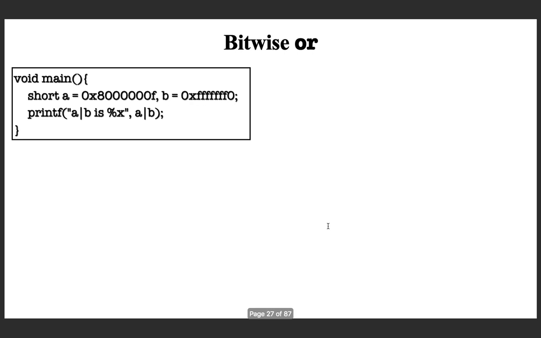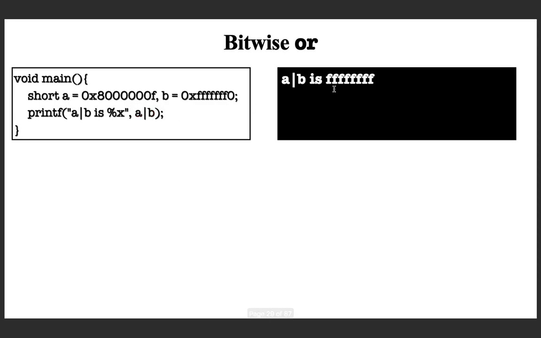See here again, consider an example. I have a hexadecimal value in A, another value in B. I am performing the OR between these hexadecimal values. The pipe character is the OR operator, a single pipe. Note that the double pipe is actually the logical OR. Here is a single pipe character, which is bitwise OR. And if you do it, you get this result.